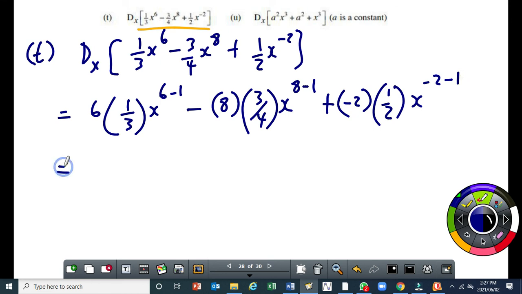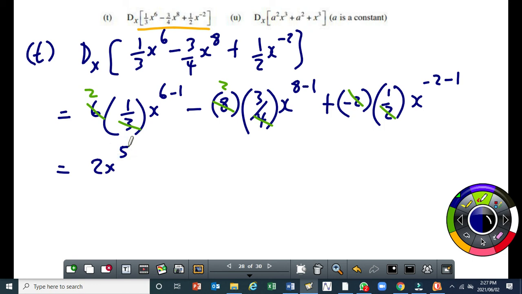Then I need to simplify that. If I simplify it, 3 into 3, 1, 3 into 6, that's 2. 4 into 4, 1, 4 into 8, that's a 2. This 2 here cancels with that 2. Then I'm going to end up having the following. This will be 2x to the power of 5.